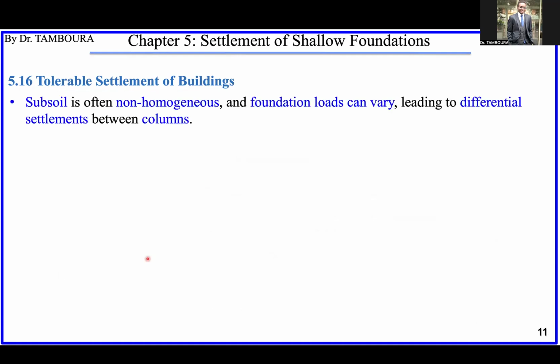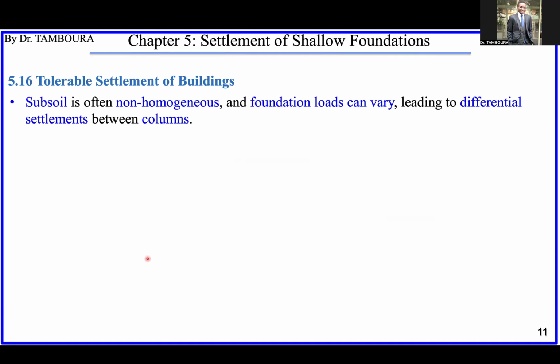So this kind of settlement happen because subsoil is not uniform, non-homogeneous subsoil, and the load of foundation can vary, even though you are making estimation that the settlement and the load of each footing should be this. Sometimes it can change. It cannot be exactly same.